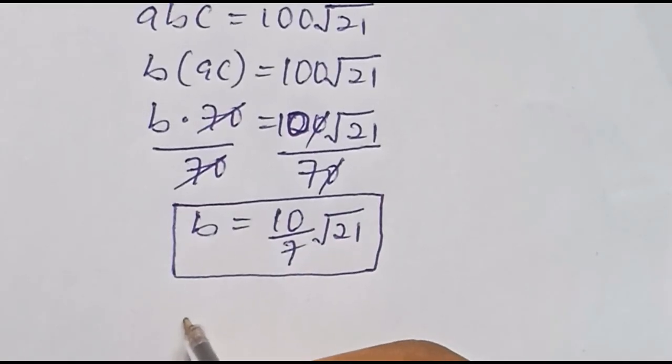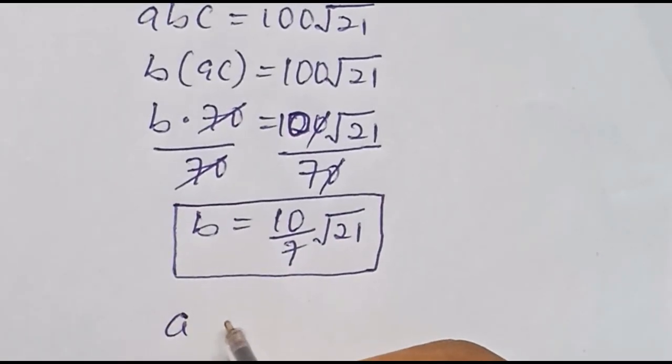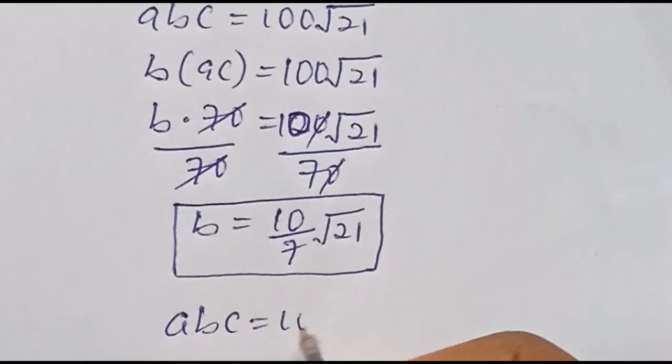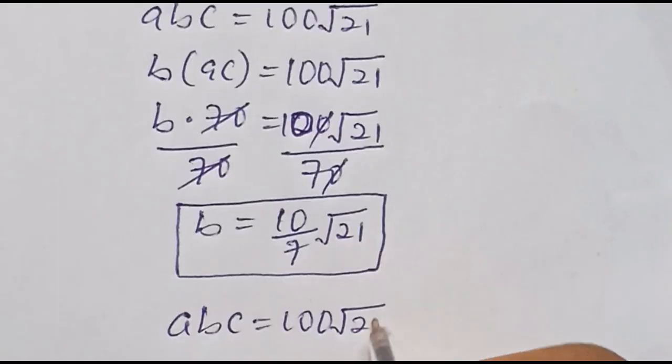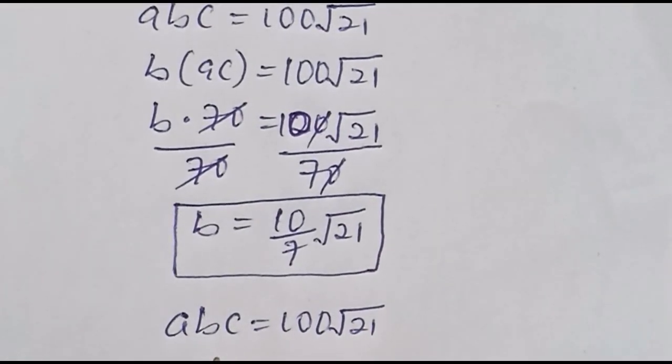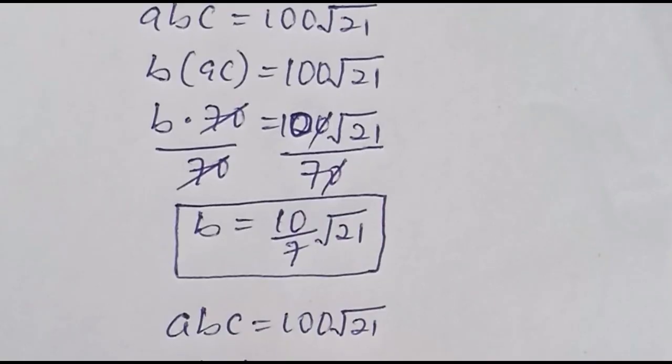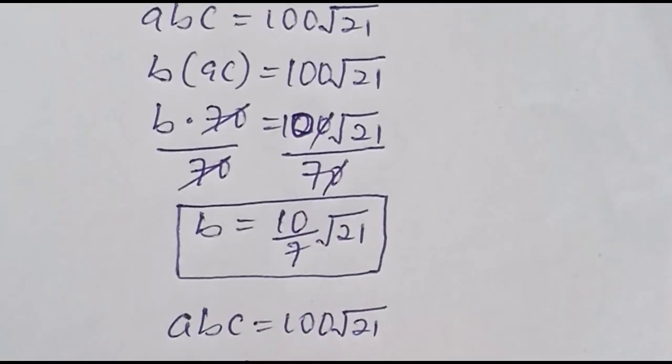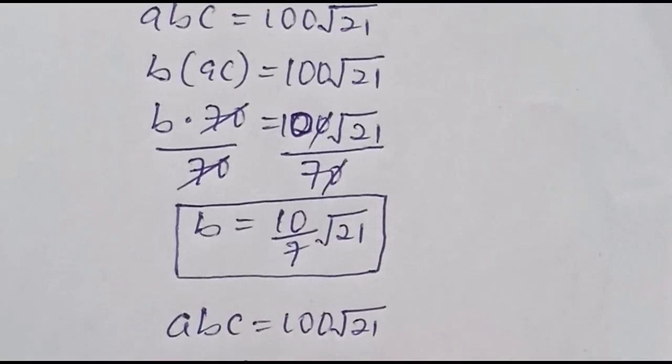So for A, I'll go back to equation 4. A, B, C equal to 100 square root of 21. So to get the value of A, I know that BC can be separated as A into bracket BC equal to 100 square root of 21.